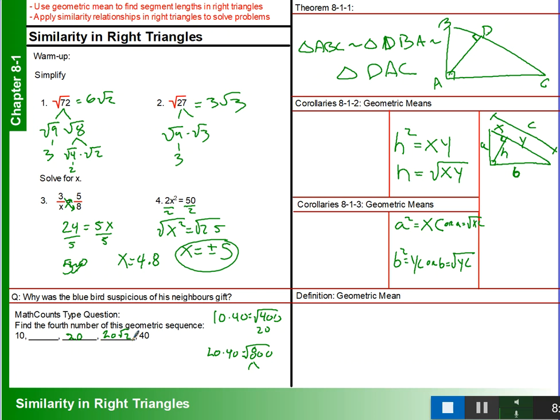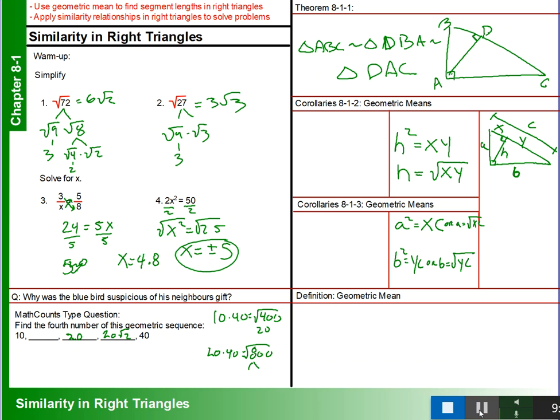So what is a geometric mean anyways? That is really a wonderful question. The geometric mean of two positive numbers is the positive square root of their product.